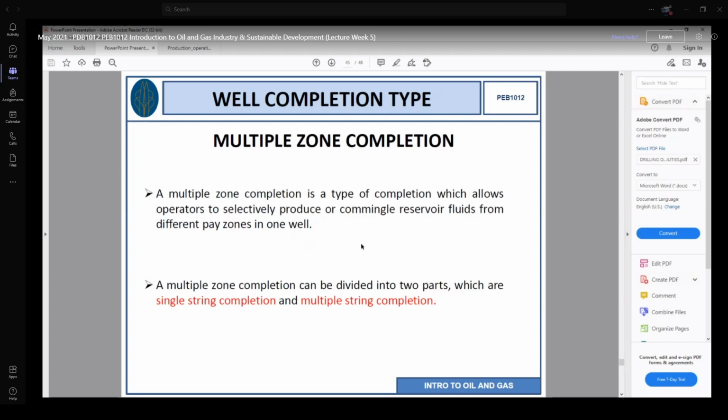But if I want to produce separately from the different zones, we have to complete the zones separately and produce the different zones in different tubings. So we don't want to commingle the production from the different zones in the well. So this is called the single completion or the commingled.